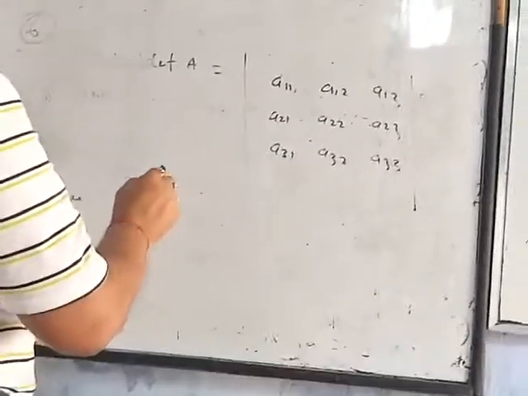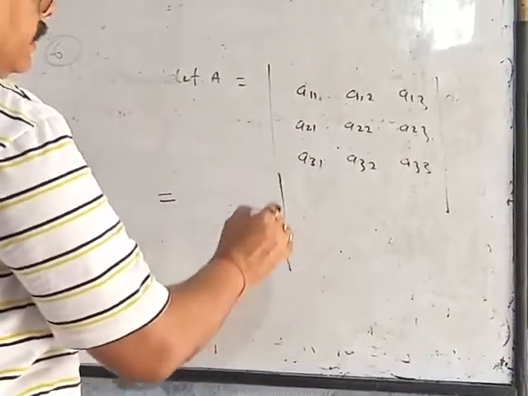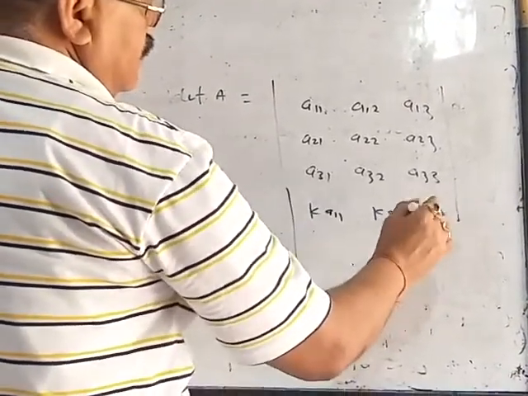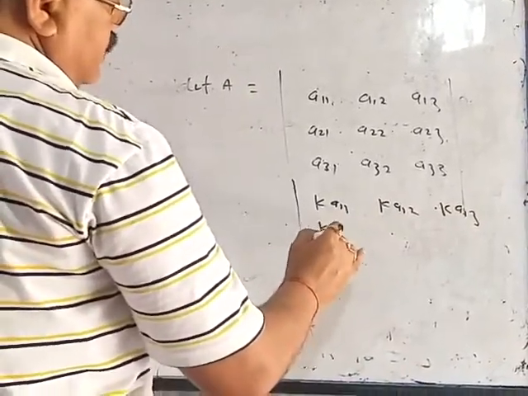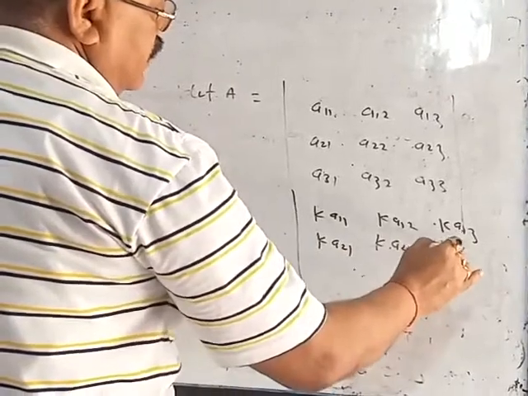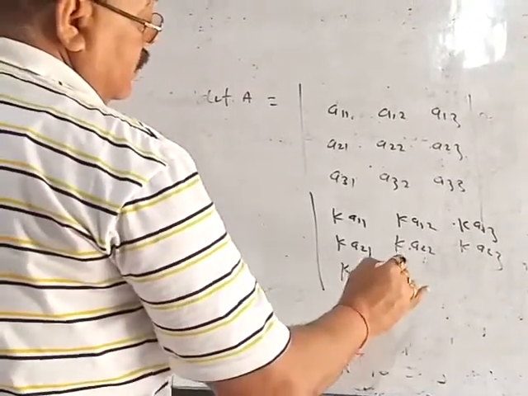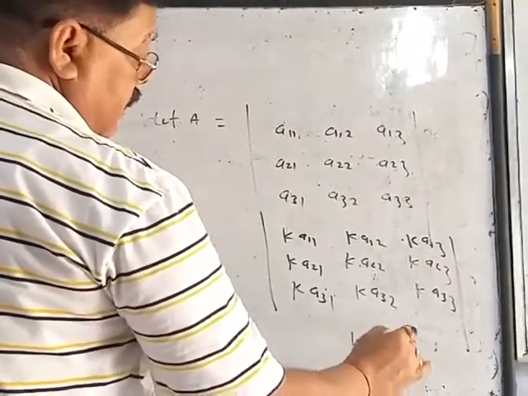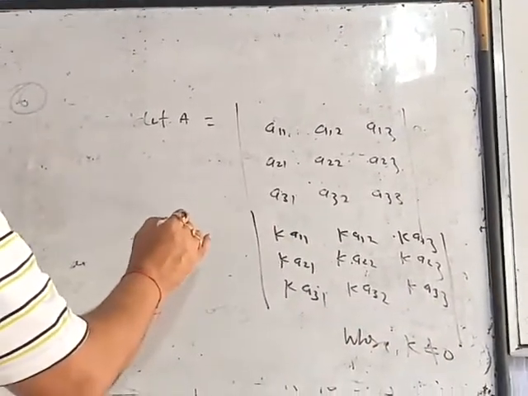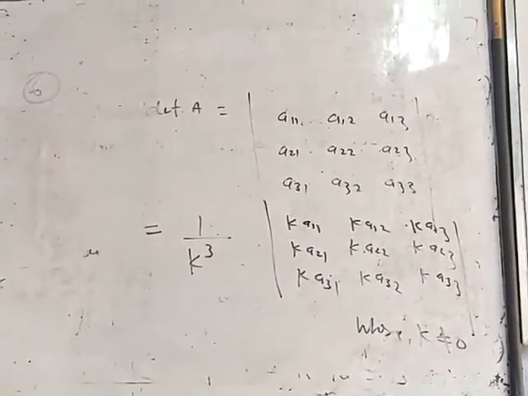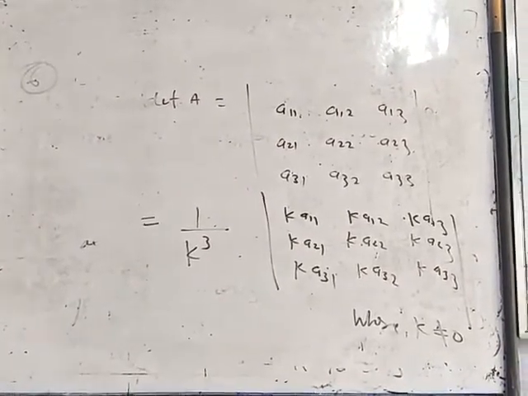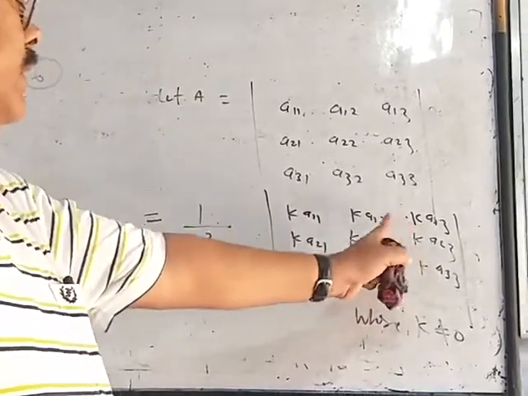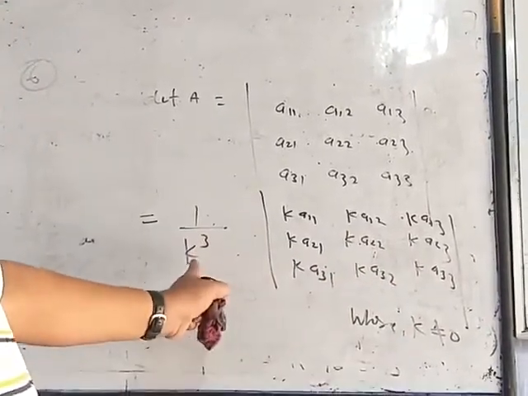If we multiply each element by k, ka11, ka12, ka13, ka21, ka22, ka23, ka31, ka32, ka33, where k is not equal to 0, then we have to divide this determinant by k cubed. So if we multiply this row by k, this by k, this by k, then we have to divide by k cubed.